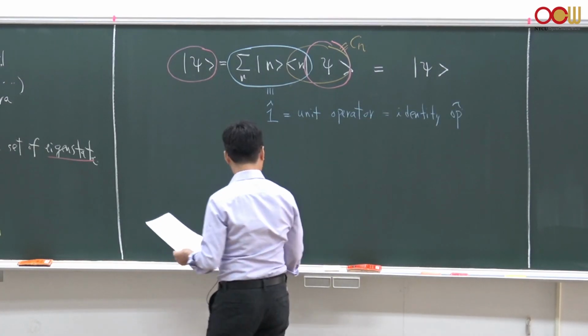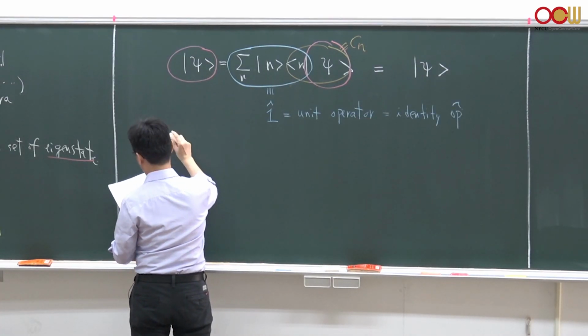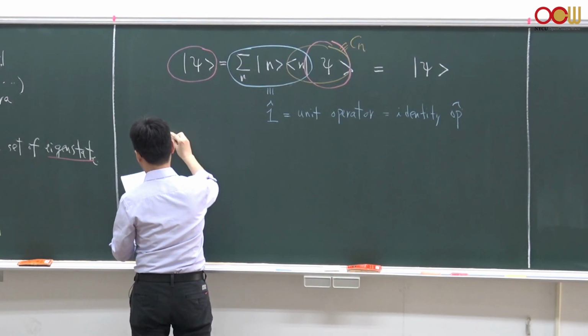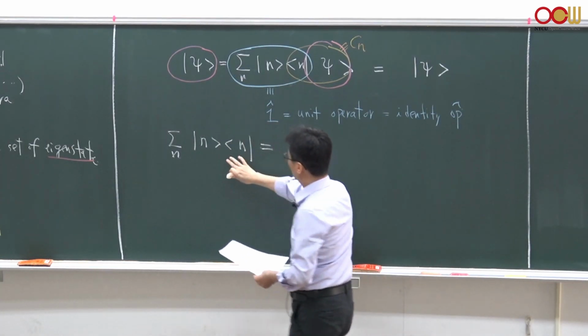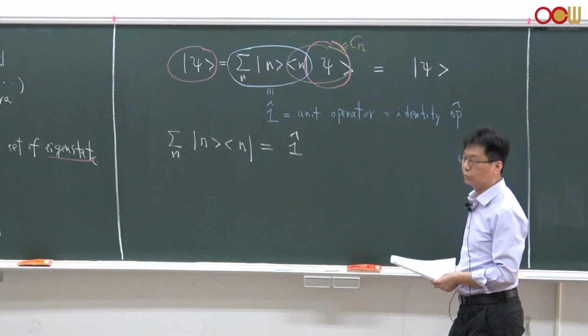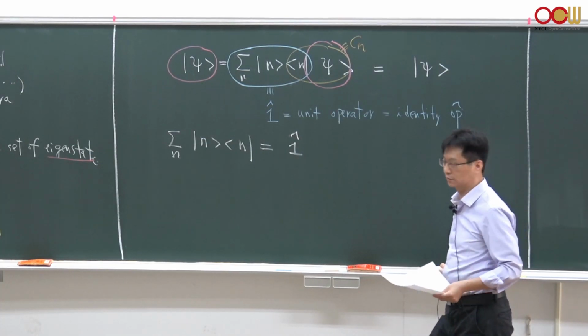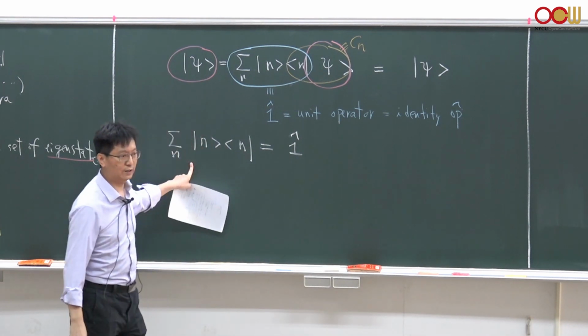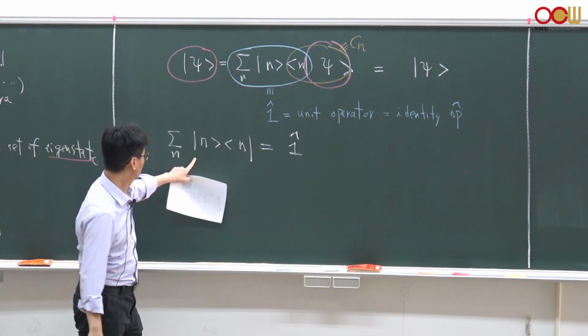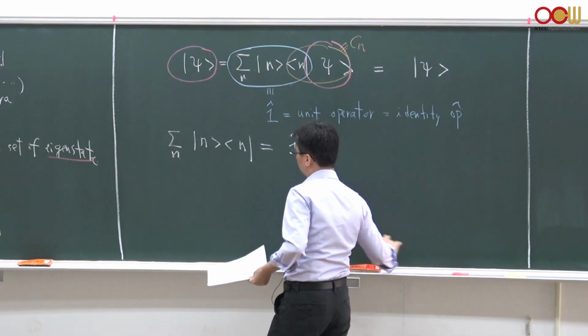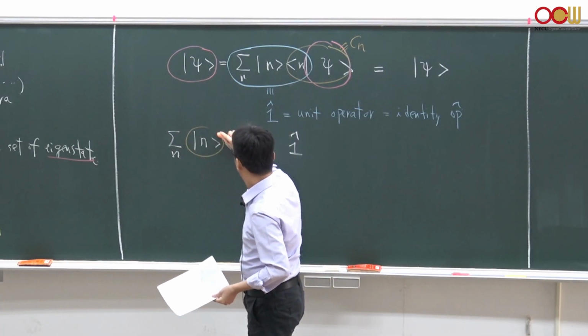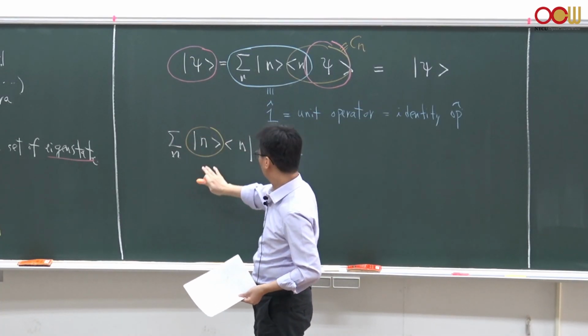Okay, so let me just illustrate this. Why does this stuff equal a unit operator or identity operator? What does it mean? We need to go back to the definition of the Dirac bra and ket states. On the left-hand side of this operator, it is the Dirac ket state, right?